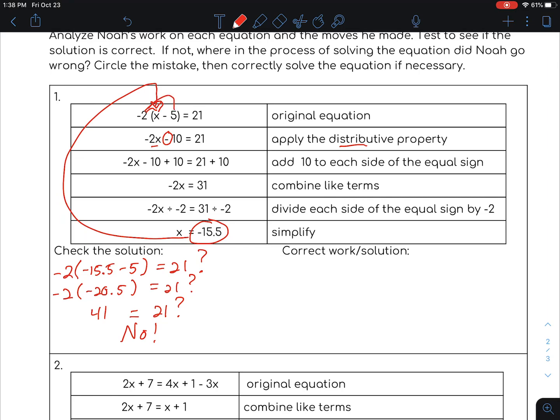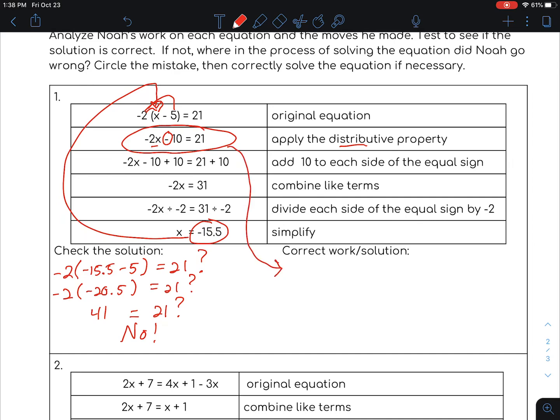Negative 2 times x, but then negative 2 times negative 5 should be a positive 10. You can either think of it as negative 2 times negative 5 is positive 10, or negative 2 times 5, you'd be subtracting a negative, which would turn into a plus sign. So the mistake happened right there in the equation.